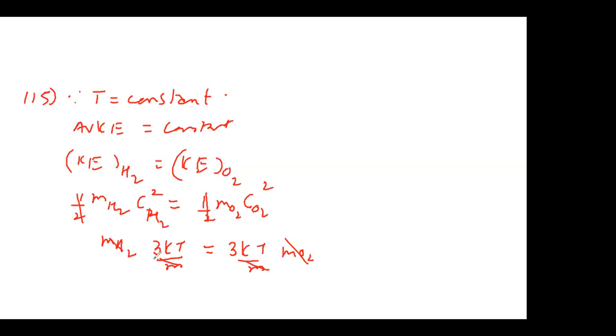सर हमने स्मॉलर या ग्रेटर पूछा है. एक मिनट रुको. Average temperature is constant. Since temperature is constant, 3/2 kT is constant. Therefore, half of mass into RMS speed squared is constant.